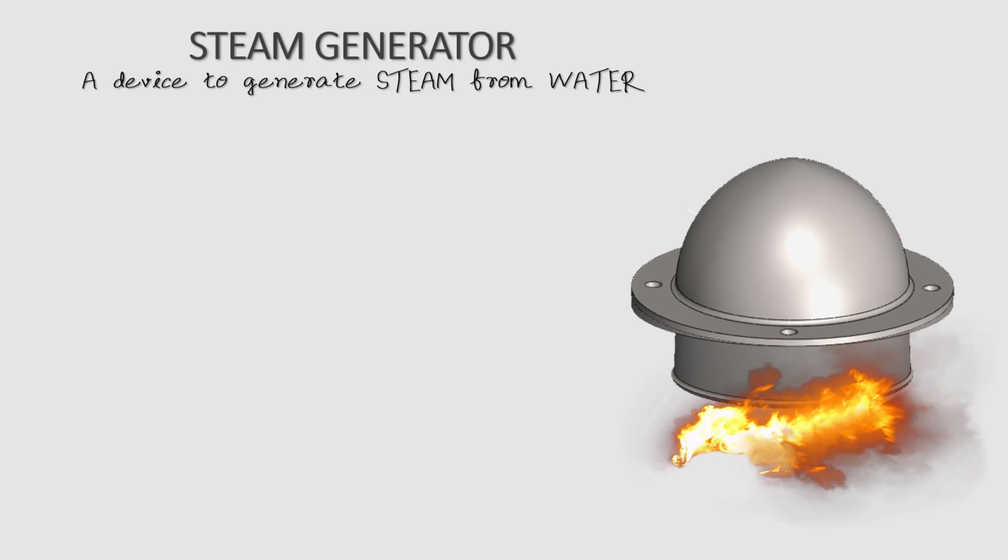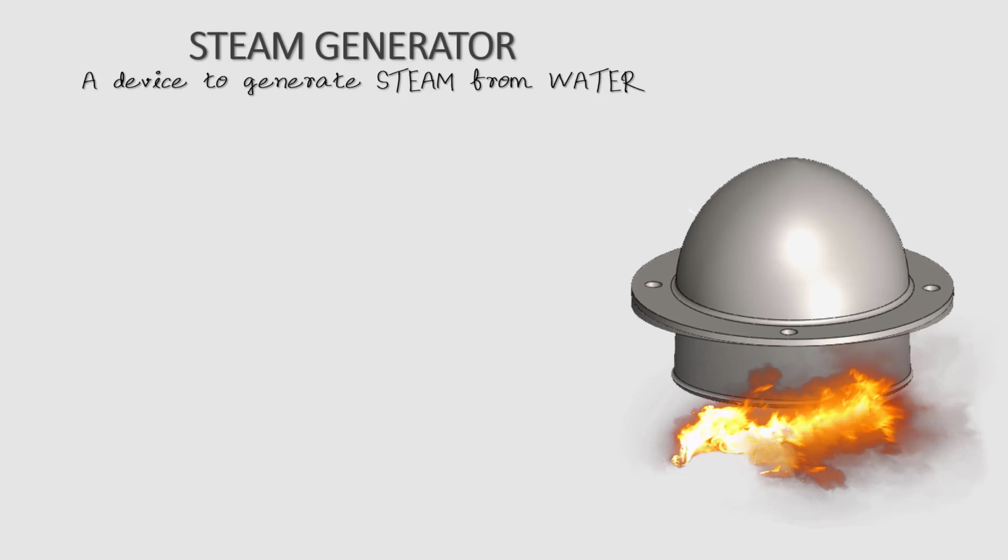Now the pressure of the steam will start increasing. Such high pressure steam can be used for doing some mechanical work if it is allowed to expand within a proper device. And for that we need a boiler or steam generator.